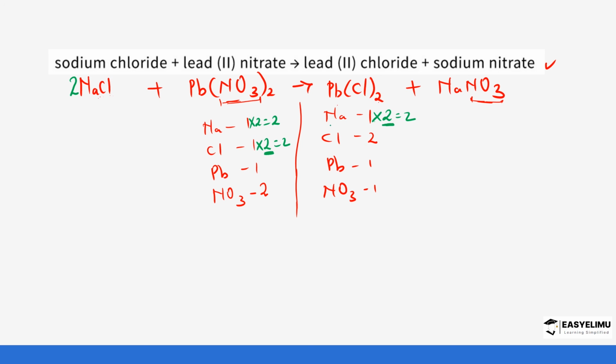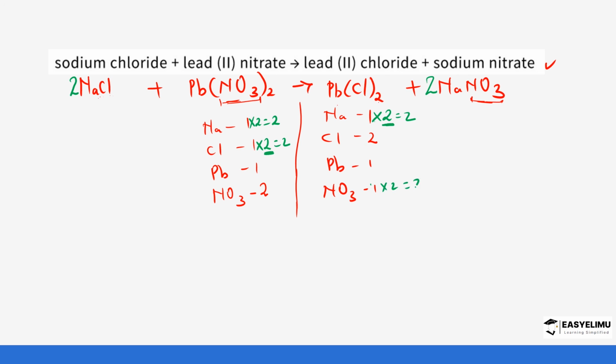And the compound where sodium is, is sodium nitrate, so we put a 2 in front of sodium nitrate. This affects sodium and it also affects the polyatomic ion. So we have 2 sodiums, 2 nitrogens, and 6 oxygen. Basically, we have 2 polyatomic ions of nitrate, so this becomes 2 as well.